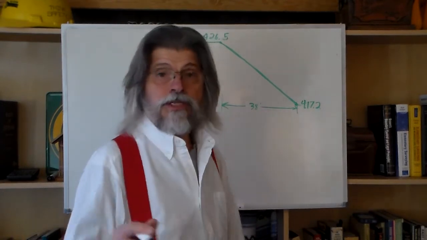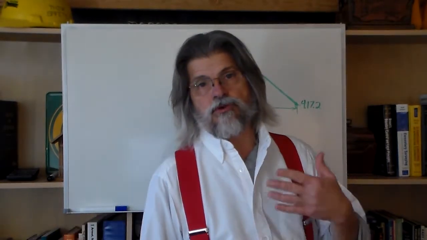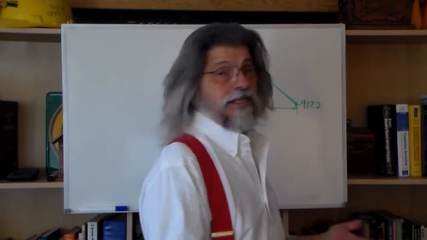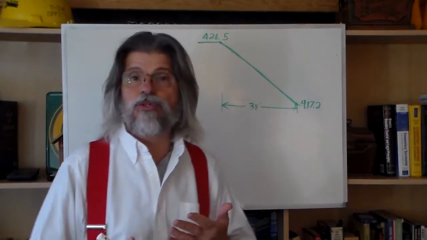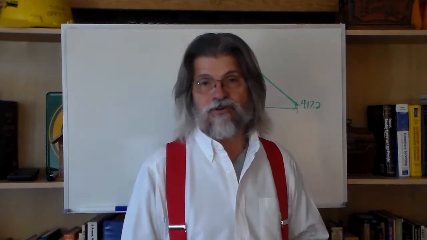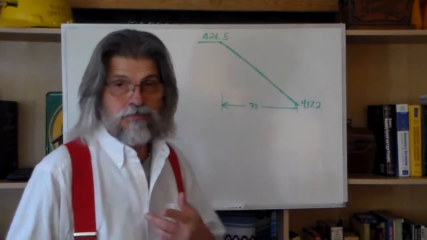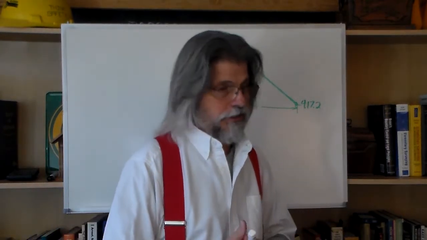The first thing we need to do is look at this line and think of it in terms of the rate of change. So I'm going to wing this as I put it up here. I mean, I know how I'm going to do this, but I've never stood in front of a camera and done it before. So this problem, like all of my other problems, is shot from the hip.